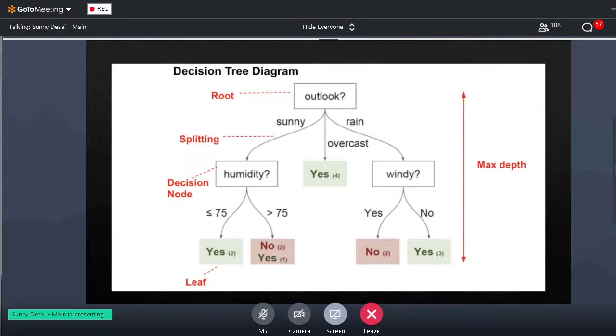Now just try to invert a natural tree which we see on roads, which we see on the ground. Does the structure that we right now see on the screen resemble what we see on the roads? Are you able to see the same structure? Yes, there is a trunk, then there are several different branches.